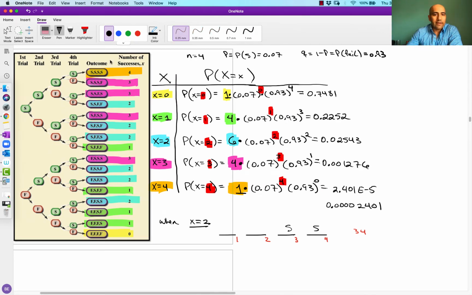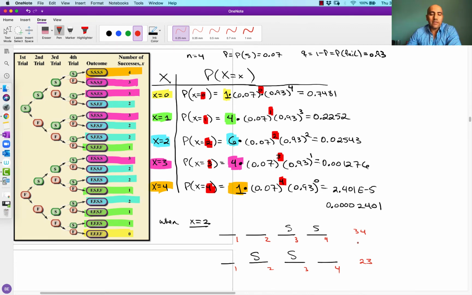What if I had the scenario of 1, 2, 3, 4? What about the case where I put an S here and an S there? This is the scenario of 2 and 3, right? This is 1, 2, 3, 4. So this is a scenario of spot 2 and spot 3 have an S, right?